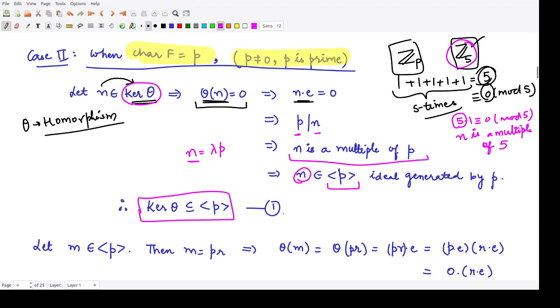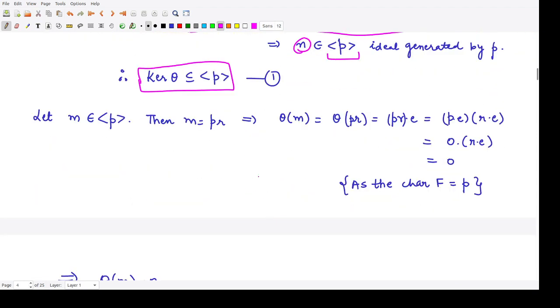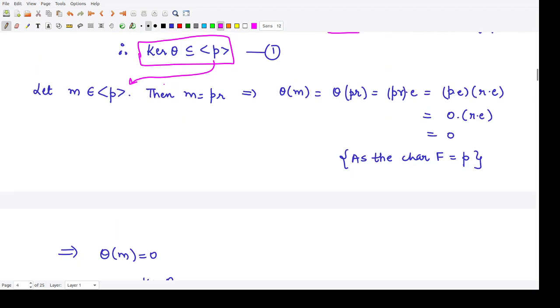Say this is our equation number 1. So the next task is we take some element from the ideal and try to prove it belongs to the kernel of θ. So we assume m belongs to the ideal generated by P.